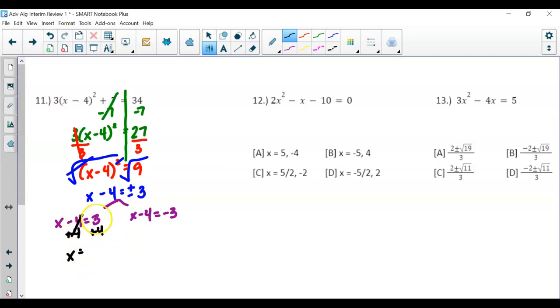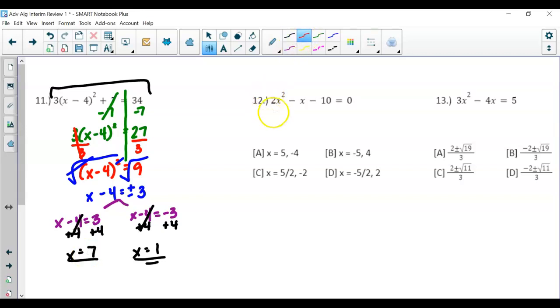And x is equal to, well, that's just 7. So same thing here, we're going to add 4, opposite operation. And x is equal to, now that's negative 3 plus 4, which is 1. And again, of course, whatever answers we get, you can graph this in Desmos, and it should cross at 1 and 7.